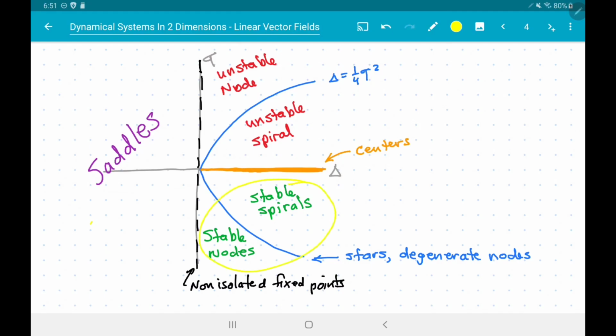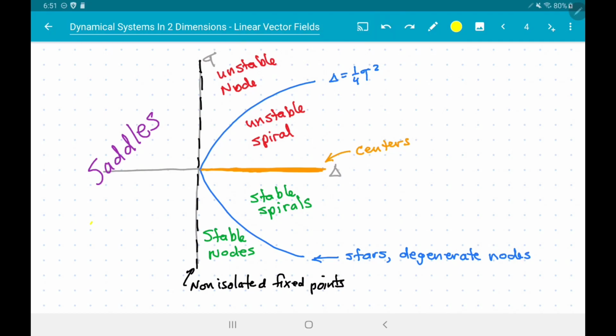In this quadrant, tau is negative. That indicates that we're getting stability. And the distinction between a stable node and a stable spiral happens along the curve where the discriminant is 0. Likewise, in this quadrant, the origin is unstable and it's either a node or a spiral, again depending on which side of the 0 discriminant curve you're on.